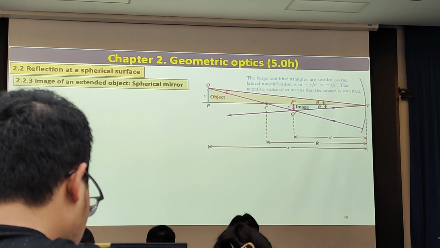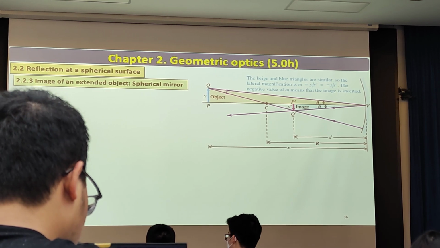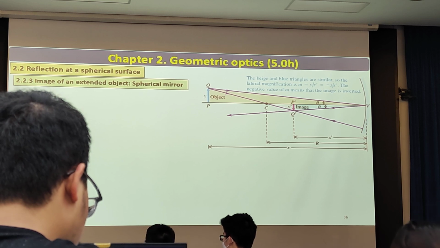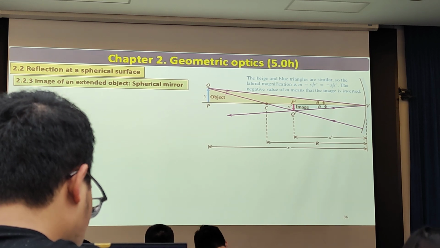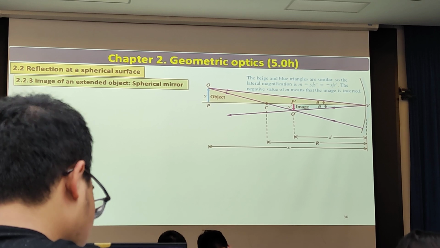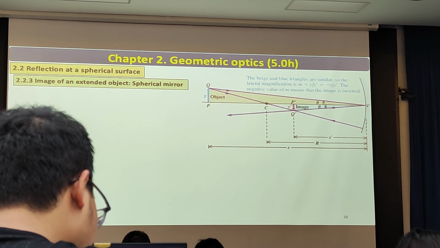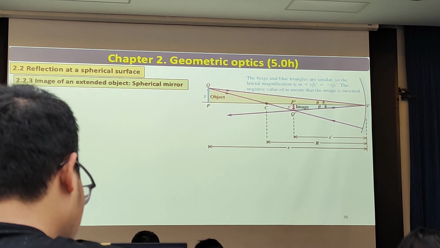So that's why you have two reflecting rays meeting each other at P prime, Q prime like this one. And these two reflecting rays meet in reality, right? So that's why you have a real image. So the image is real.